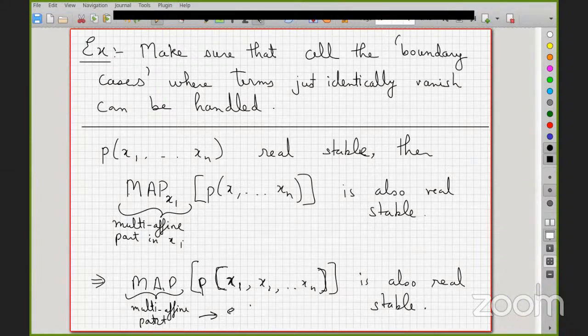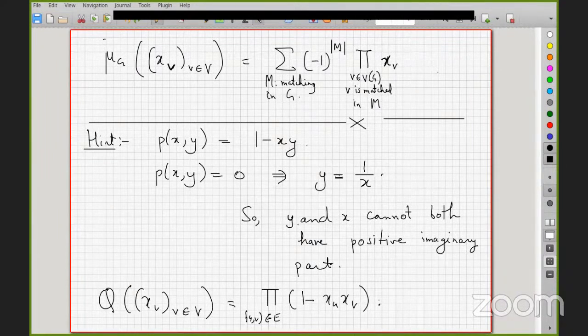So every matching will contribute (-1) to the power of the size of M to the sum. Yes, right. That's it.